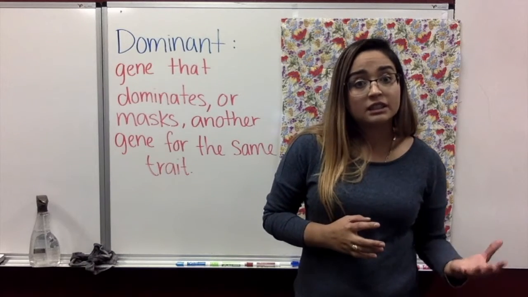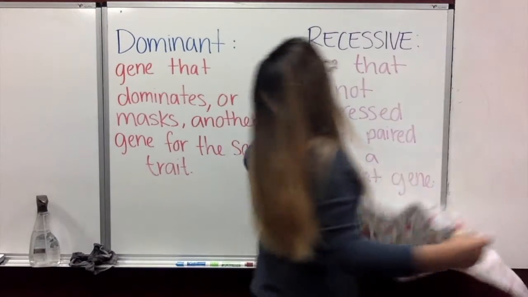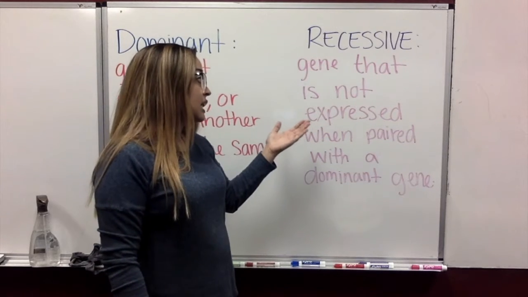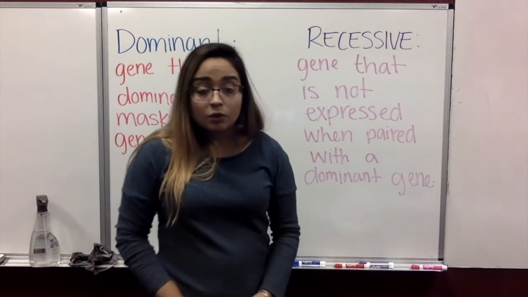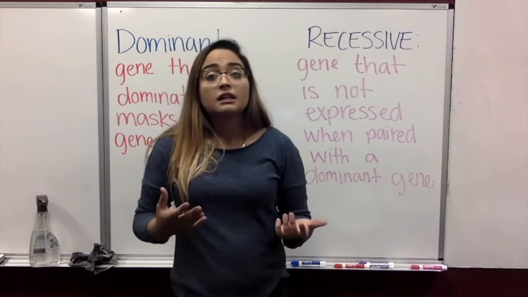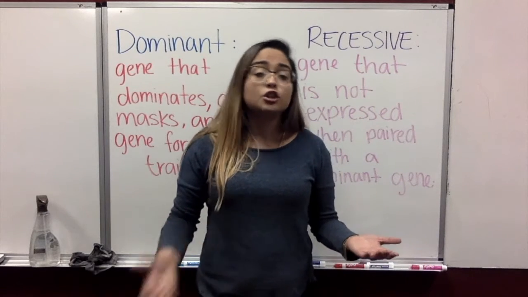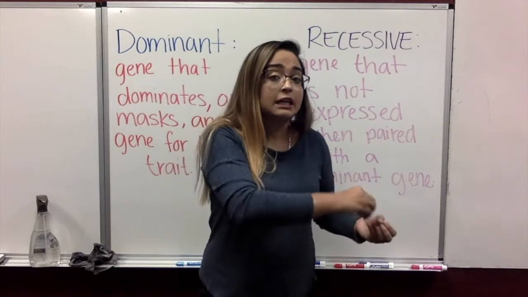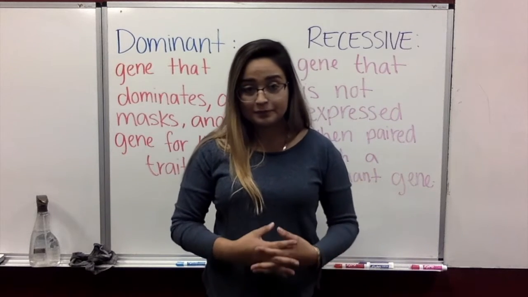That curly hair gene is going to then be called a recessive gene, which means that it is a gene that is not expressed when paired with the dominant gene. So, since it's being paired with a dominant straight hair gene, then you will not have curly hair because the dominant gene took over that curly hair gene and it just didn't get through to express it, so it didn't show through. So you're not going to have any curly hair.